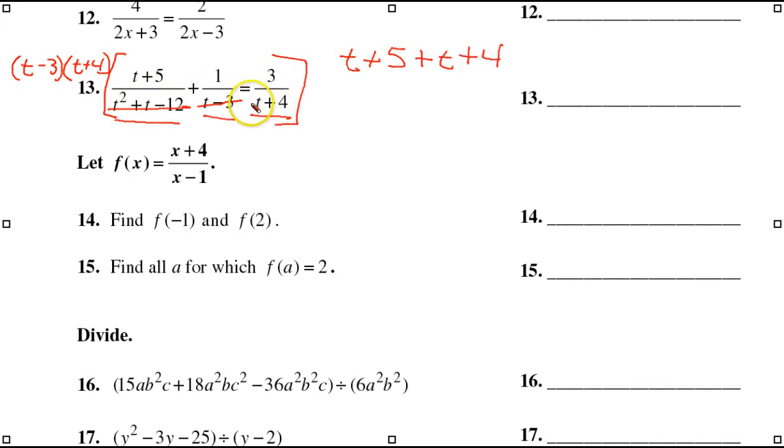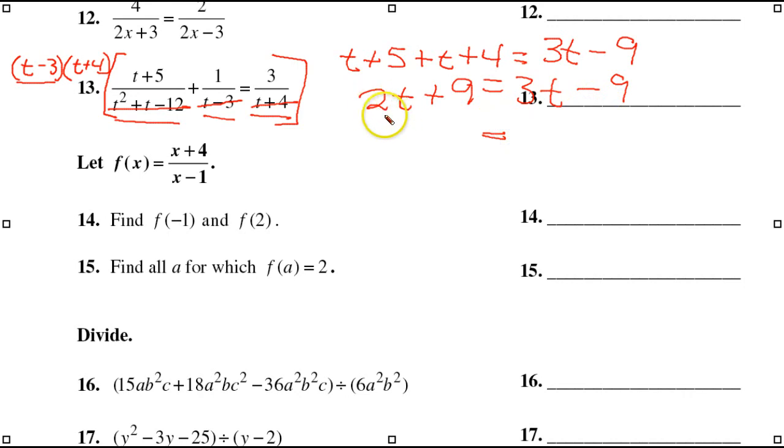And then on this side, the t plus 4 cancels, and you're left with a 3 times this. 3 times t is 3t. 3 times a negative 3 is a negative 9. So we group like terms. 2t plus 9 equals 3t minus 9.